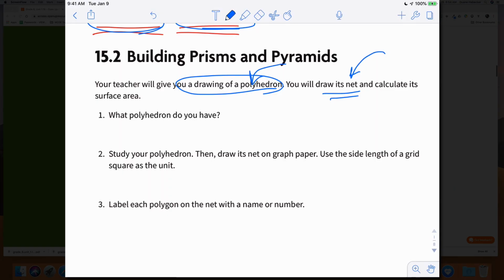And then once they've drawn the net, their job is to calculate the surface area. So this is the real bulk. This is really exploratory. So teachers, avoid stealing the joy of discovery. Just let your students grapple. Your job today in this lesson is to be the cheerleader and keep that growth mindset going in your culture, in the class, and with the kids.